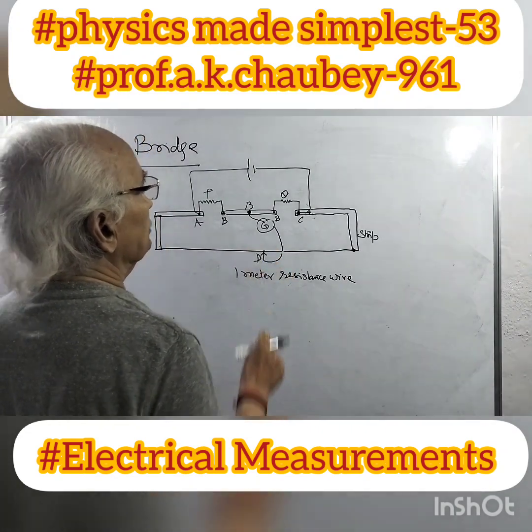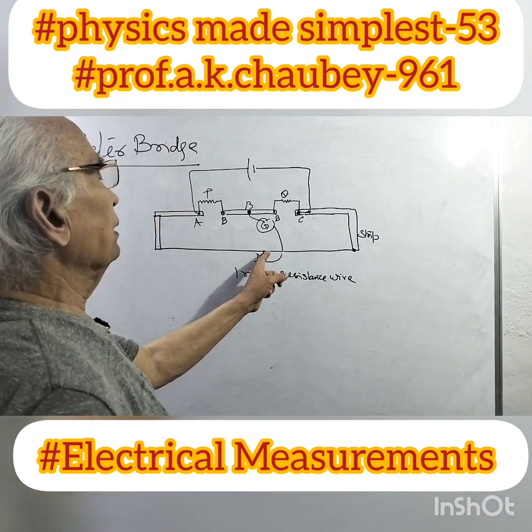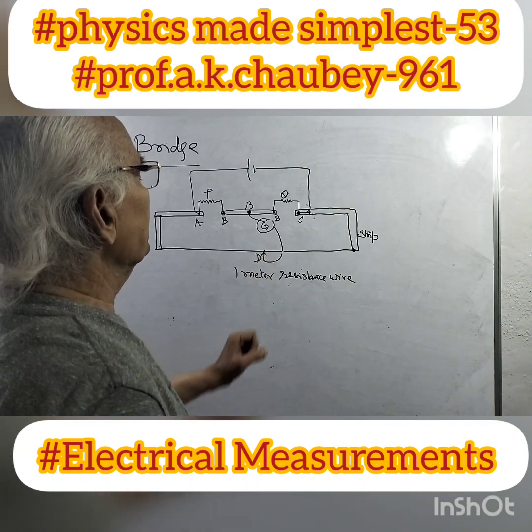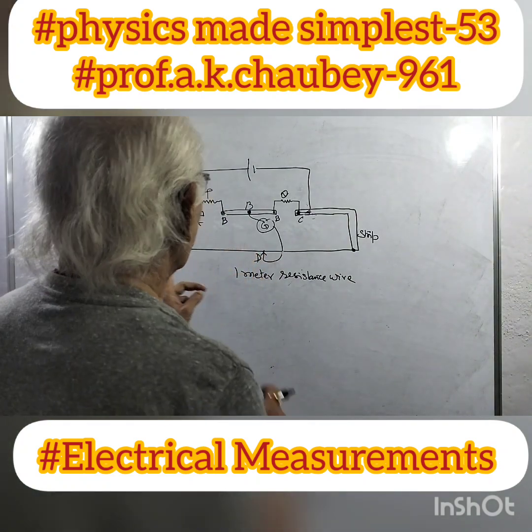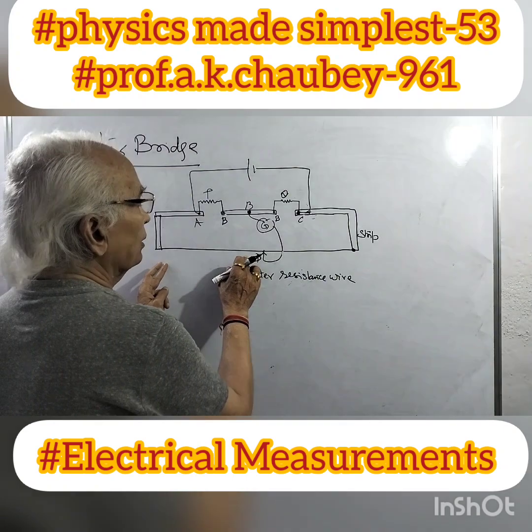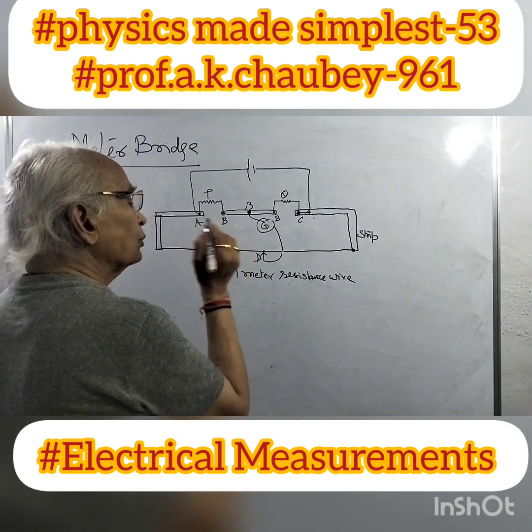And this is B, and this becomes, say, D. When we connect this jockey, that is the variable key, on the wire, this point becomes D, wherever we connect. The resistance of this wire is proportional to length.